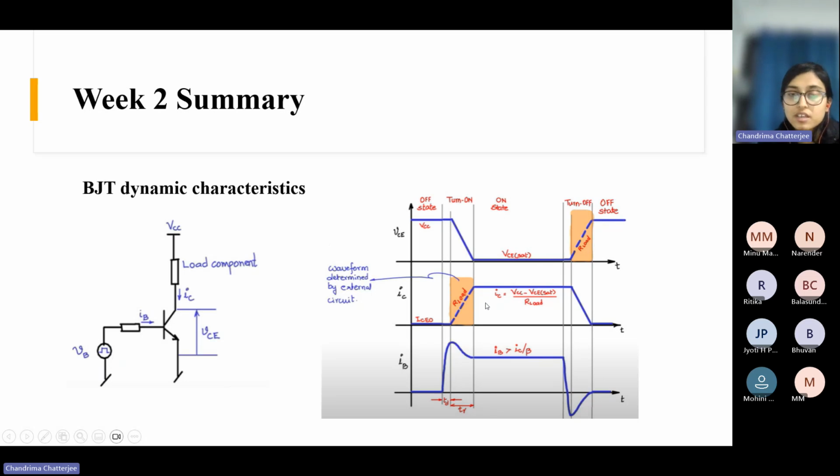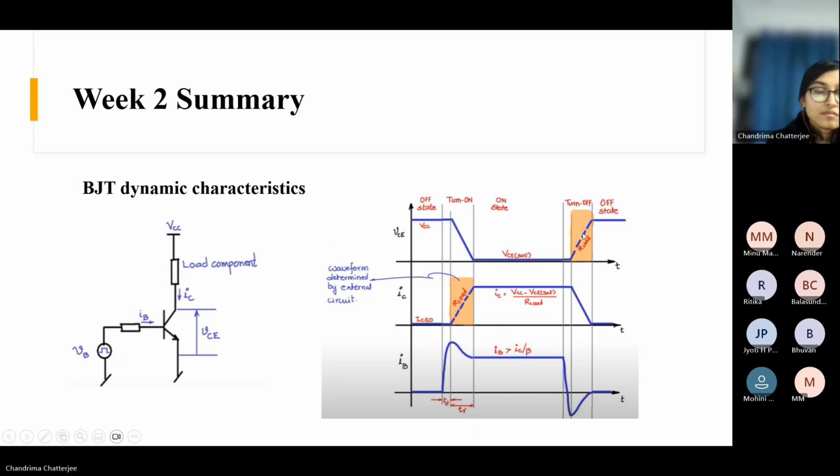And during the transition from on to off, the characteristic will be linear only for a resistive load. But for any other kind of load, inductive or capacitive, we can't predict it, right? That will depend on the value of the inductor or capacitor, how much overshoot we will get.